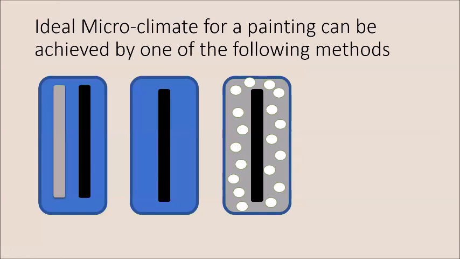In the first one, there are two lines. The black one is the painting that we want to preserve. Here we have another rectangle which is gray in color. This is the barrier. I should have marked these. This is the buffer.